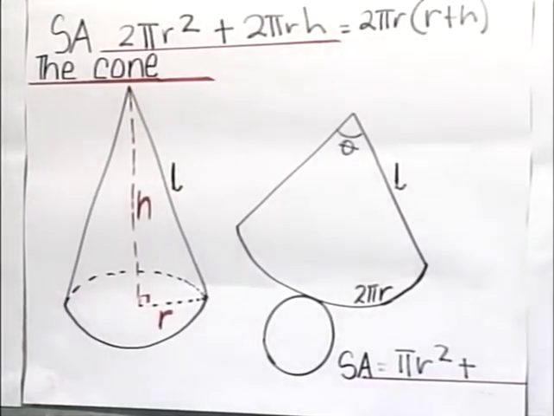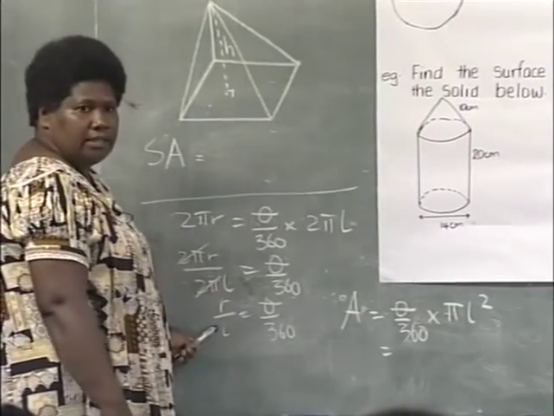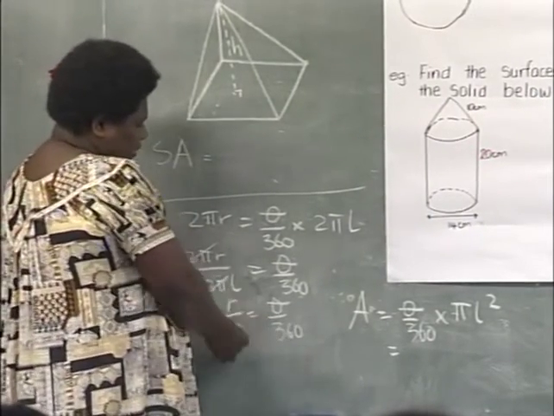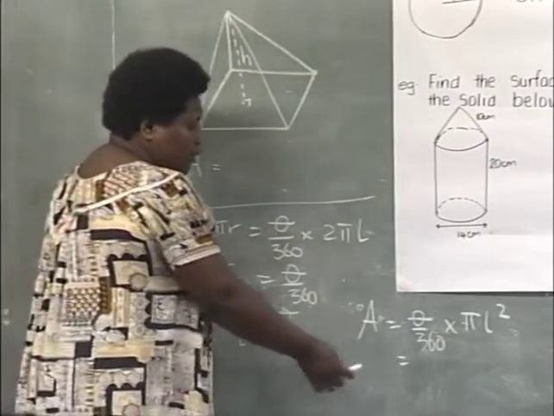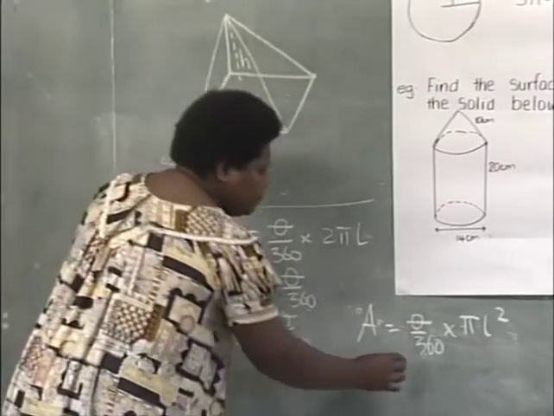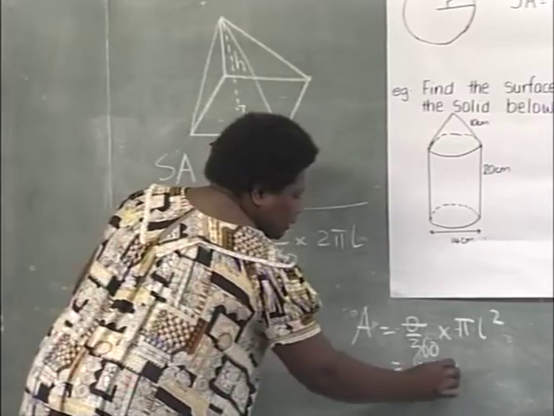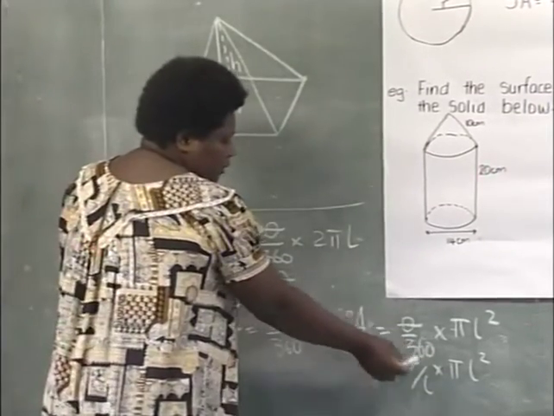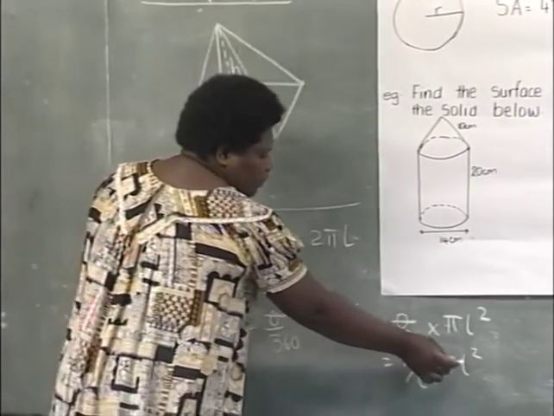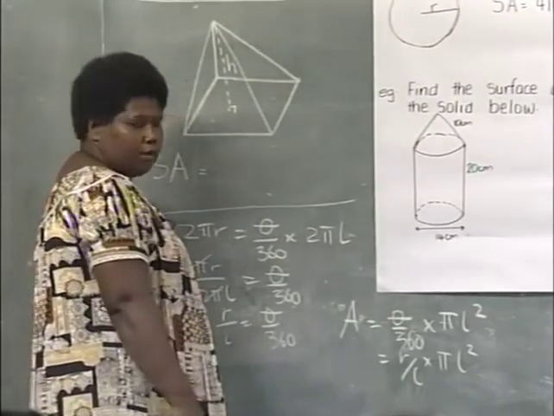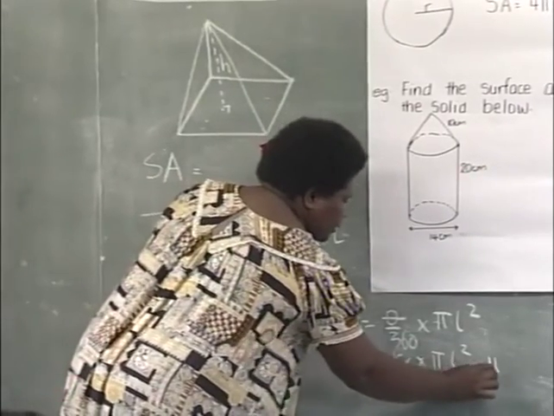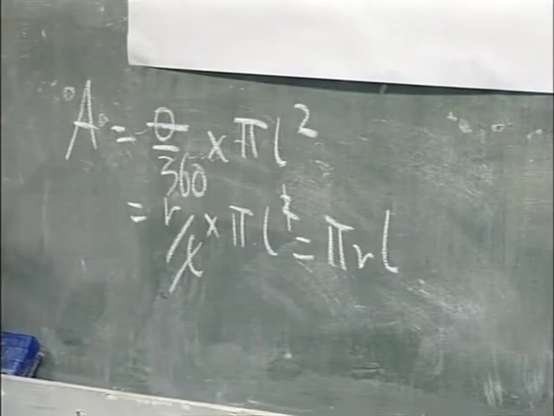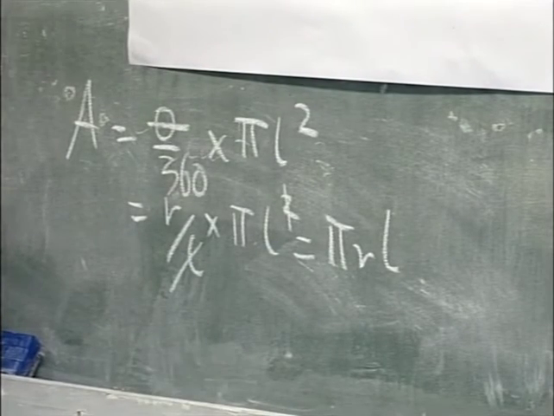Okay, so I get theta on 360, we found out that it's r over L. We've used this to find that theta over 360 is actually the same as r over L. So if I replace theta over 360 by r over L, I will get pi L squared, part of a whole circle. So I now get pi r L, because one of these L will cancel out, and I multiply pi L by r, and I get pi r L.